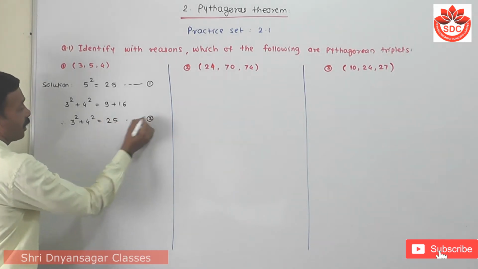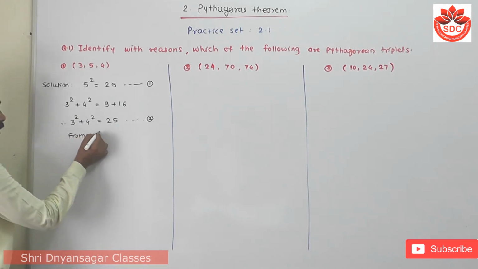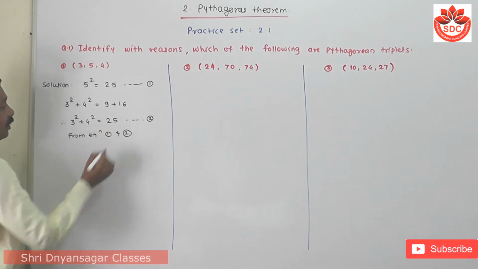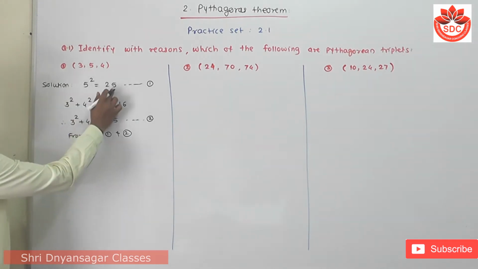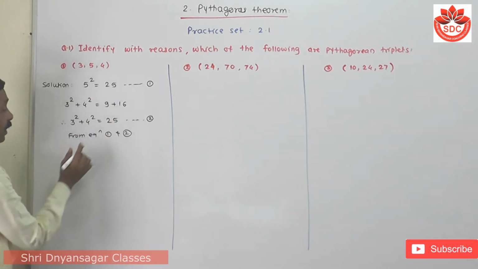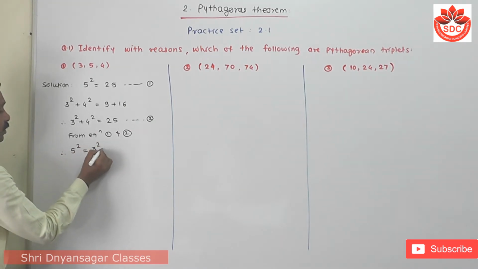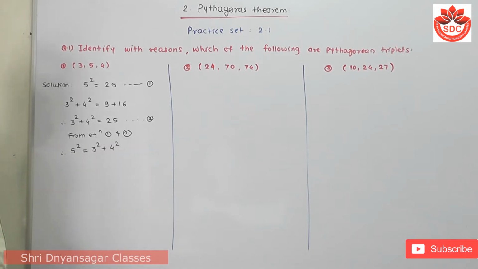This is second. Then from equations first and second, we observe here 5 square is equal to 25 and the sum of these two numbers' squares is also 25. So I have to write here 5 square is equal to 3 square plus 4 square.